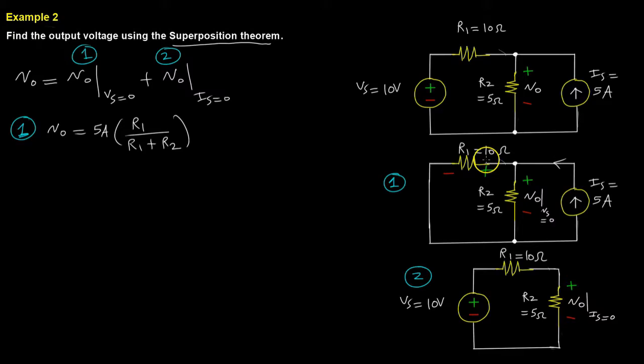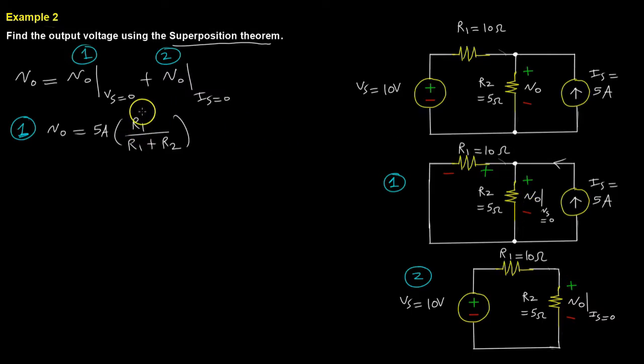Imagine R1 being an open circuit, so infinite resistance or a very large resistance. What you would expect is that most of the current flows through R2. Let's say R2 is 1 ohm and R1 is 100 megaohms. You would expect almost 5 amps, maybe 4.99 amps, to flow through R2. And this equation reflects that.